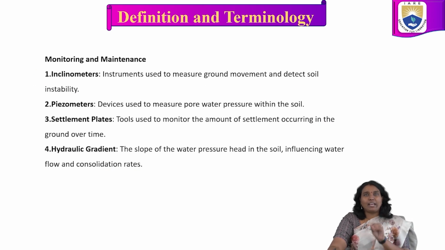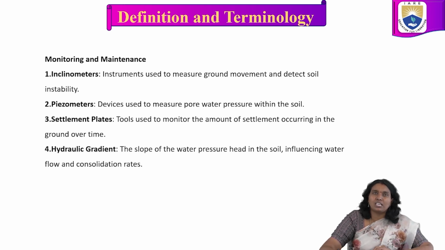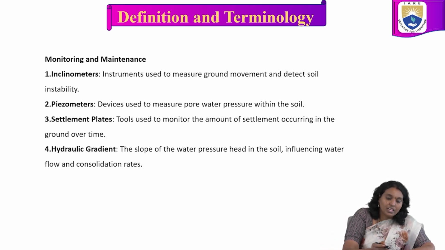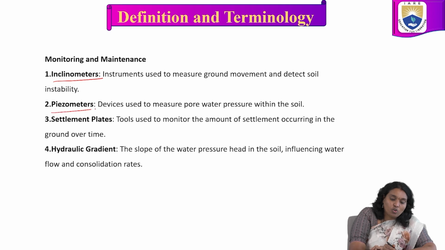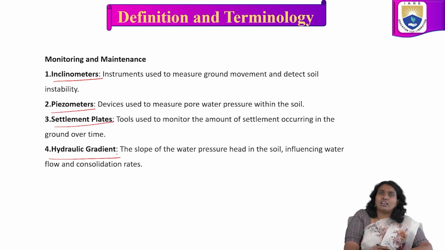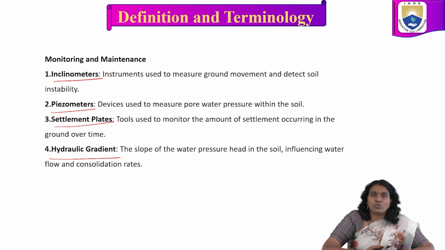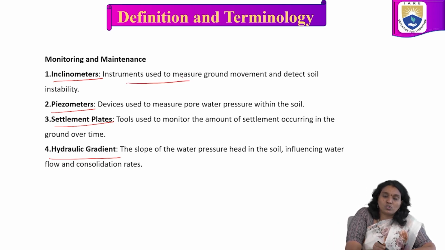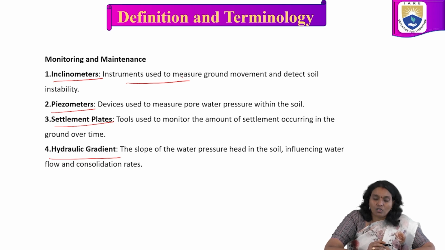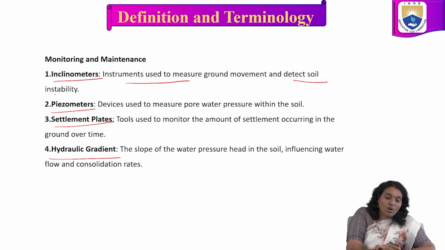In monitoring and maintenance also, we use various terminology related to this hydraulic modification. Those are inclinometers, piezometers, settlement plates, hydraulic gradients, a few terms which we are going to use. Inclinometers, instruments used to measure ground movement to detect soil instability.